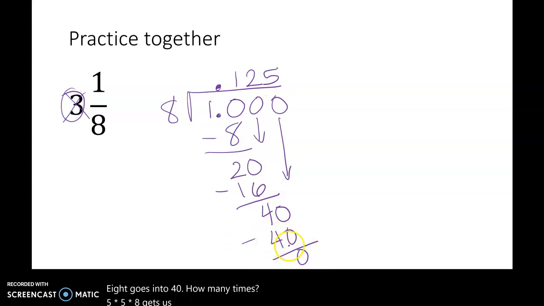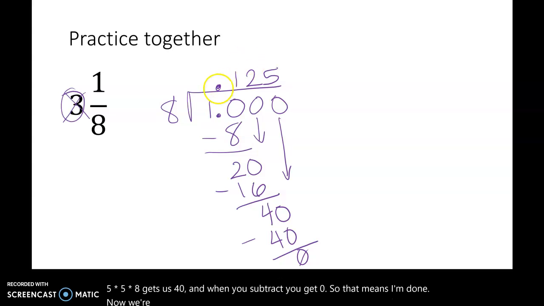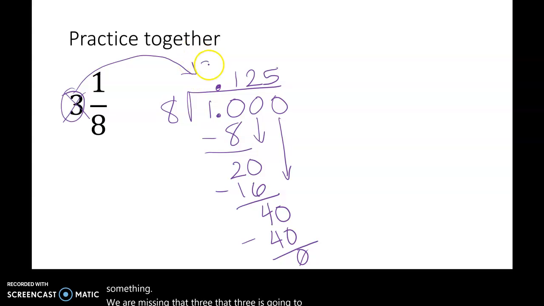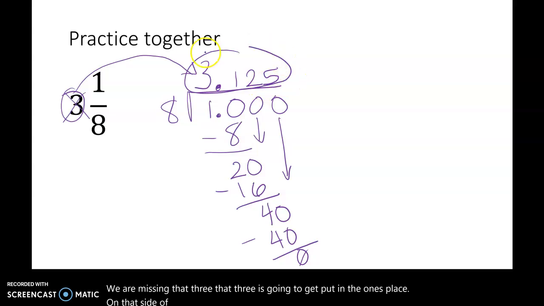And when you subtract, you get 0. So that means I'm done. Now, we're not done, though. Our decimal is 0.125, but we're missing something. We are missing that 3. That 3 is going to get put in the 1's place on that side of the decimal. And so we got 3.125 as a final answer.